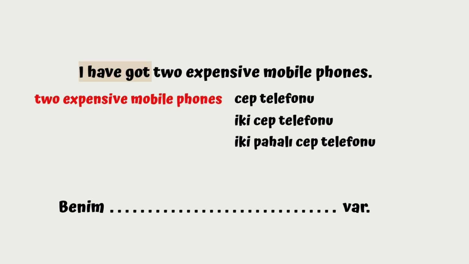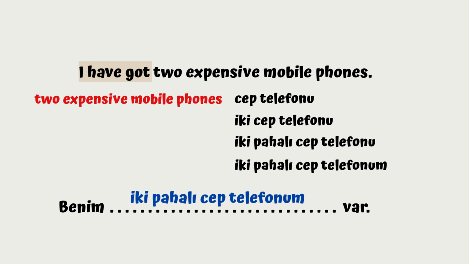So iki pahalı cep telefonu. But we're not done yet because I have to say my iki pahalı cep telefonu. So I need the word ending for my, benim. That is im. So it becomes iki pahalı cep telefonum. So then the sentence will be benim iki pahalı cep telefonum var.